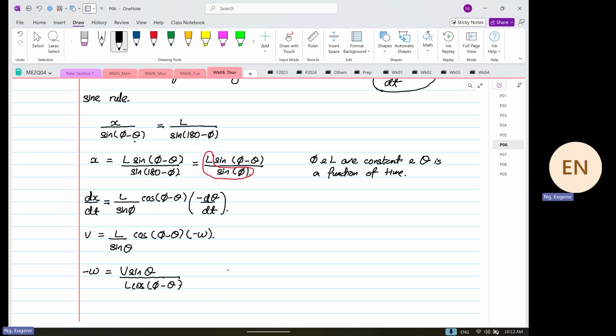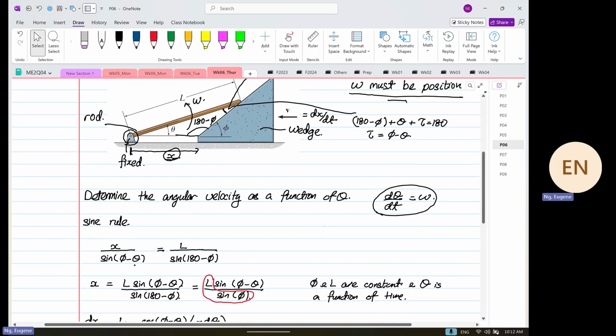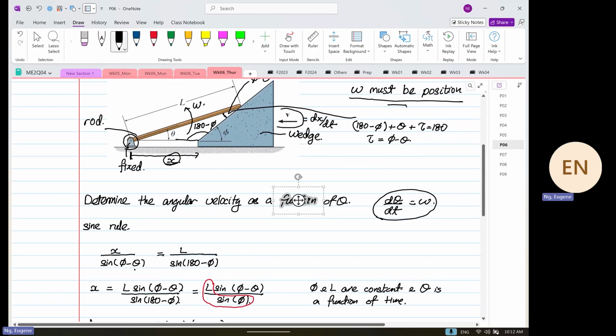Note that v is moving from right to left.